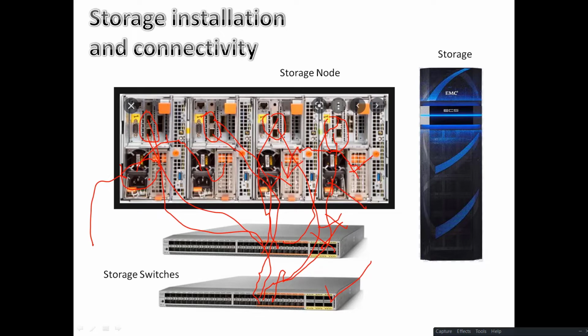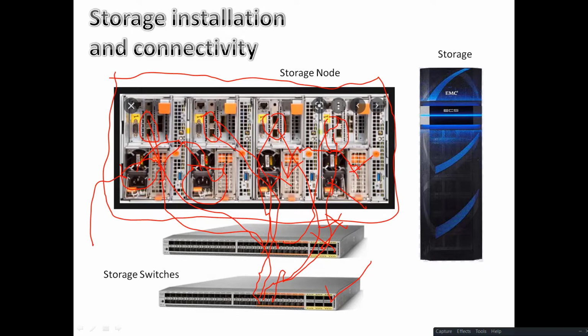So power redundancy is also there. Even though you can see only a single power supply node, with the internal mechanism of the full node we have power redundancy, dependent on each other, these two nodes and these two nodes. So this is the storage switch connectivity with the storage.